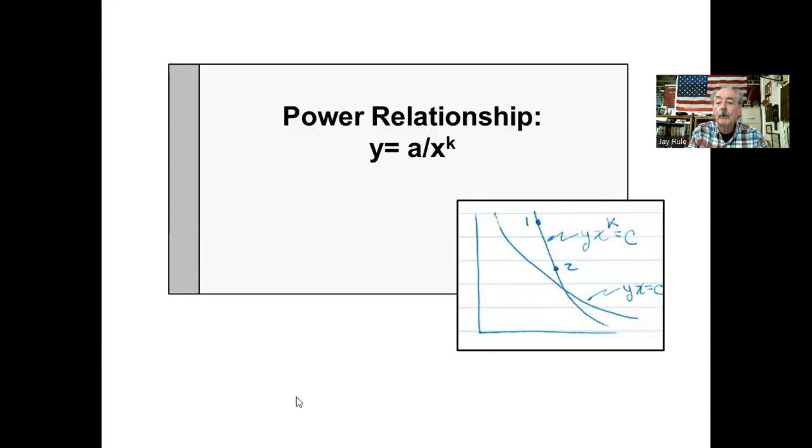And I'm giving you a little foreshadowing of could you plot this by hand? Well, what I've done is I've drawn in a hyperbola, y times x equals, well, a, or a constant, c, okay? And then I've drawn in a power function that's a little steeper for low values of x, little steeper.